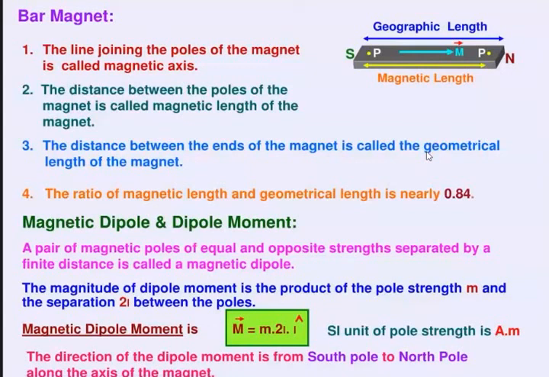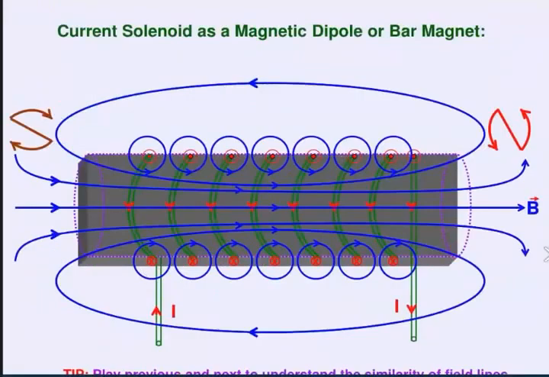The actual length that appears in a bar magnet is not the magnetic length. Magnetic length is smaller than the actual length, because the poles of a magnet are not exactly at the end of the bar magnet but a little bit inside, because you see that magnetic field lines are not straight but curved.